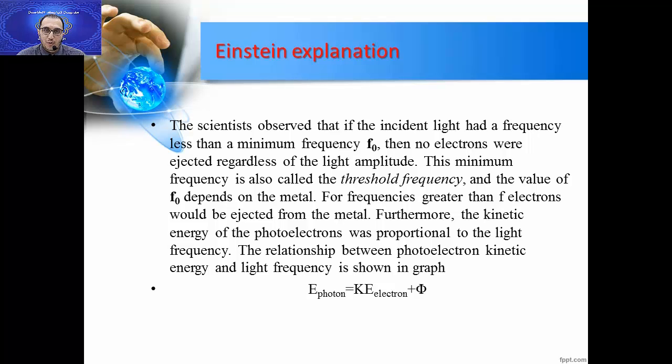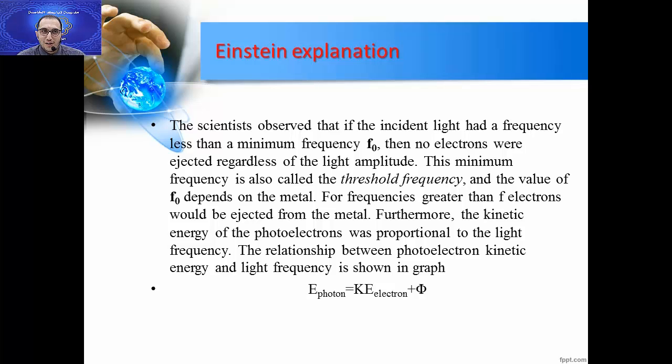So the scientists observed that if the incident light had a frequency less than a minimum frequency, f0. What's f0? f0 is known as the threshold frequency. This threshold frequency is related to each metal.